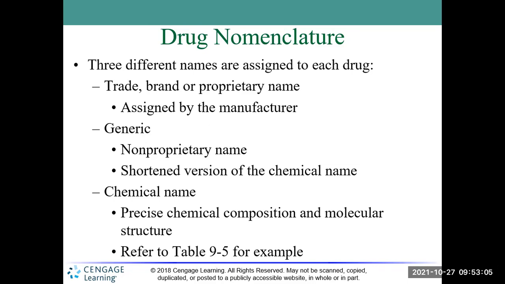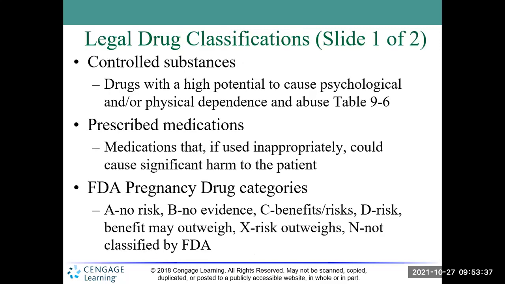That's a non-proprietary name. It is a shortened version of the chemical name. But if we hear of Proventil or Ventolin or ProAir, those are the brand names. So a manufacturer will take albuterol and they will patent a brand name of it. But they're all the same. And then the chemical name is albuterol sulfate. And so that is the chemical composition and molecular structure. And you can look at table 9.5 for more examples of that.